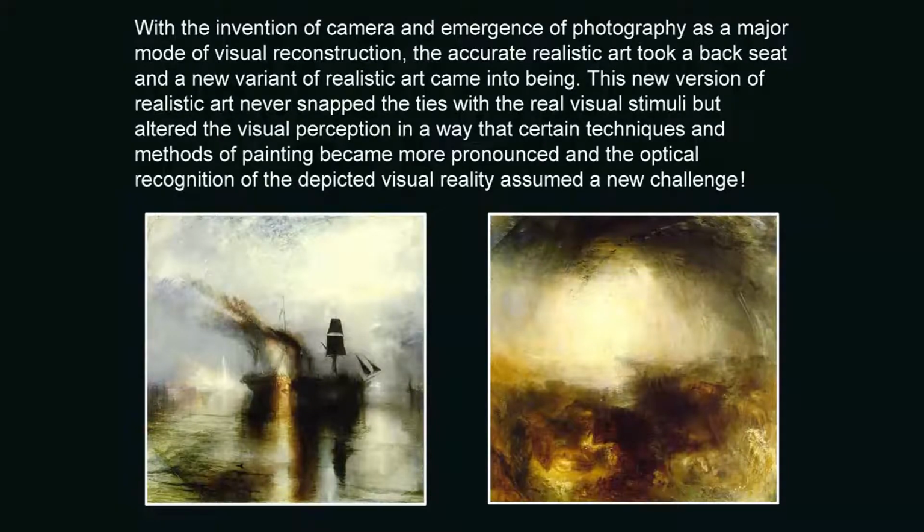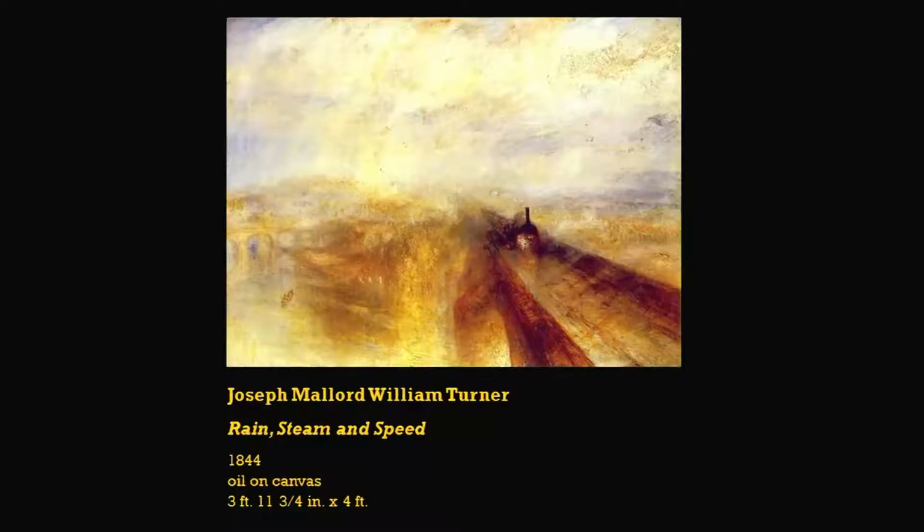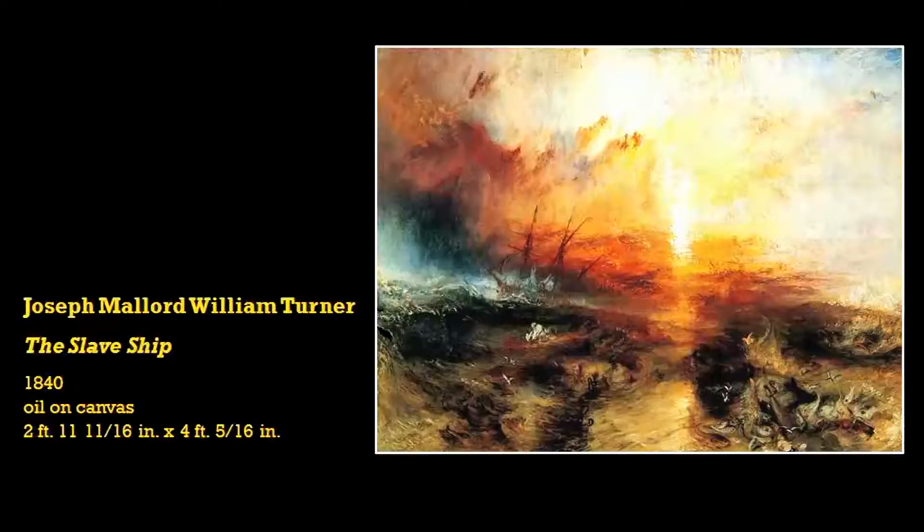So, Turner upsets the hitherto notion of realistic art, though he is still realistic, he is still trying to depict the reality that he was not imagining, but he was seeing, he was observing, but he was using a different technique of representation, which made a radical shift from the academic realistic art which was prevalent before.